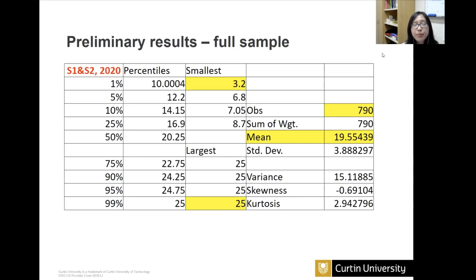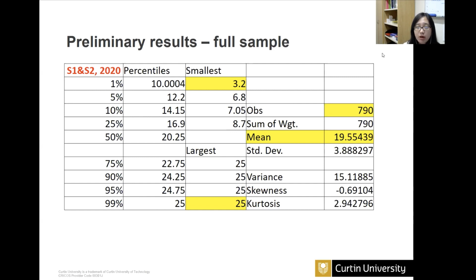So here are the preliminary results. I divide the results into two sections. One is the preliminary result for the full sample. The full sample includes semester 1 and semester 2. You can see from the table that we have 790 observations, which means 790 students sat the mid-semester test.